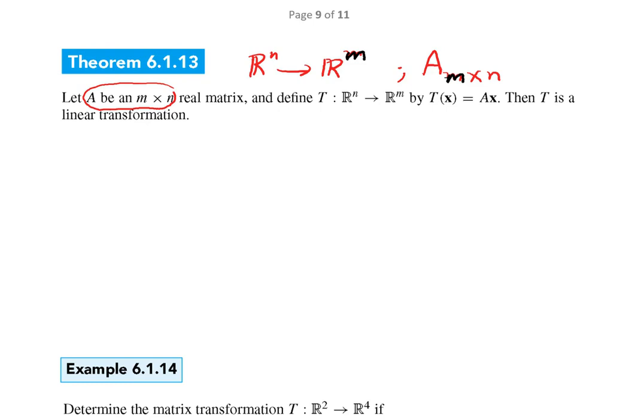What this says is that you could look at your transformation being defined this way. That T of x, well, x of course in my domain, which is R n, will give you Ax, and A times x, a matrix multiplied by x, will be actually in R m. Keep that in mind.